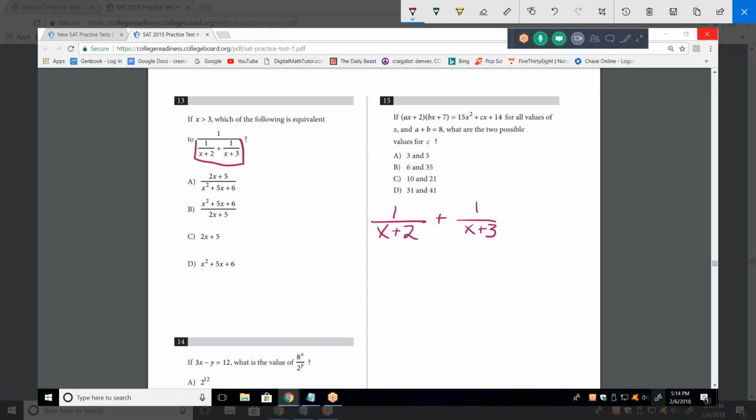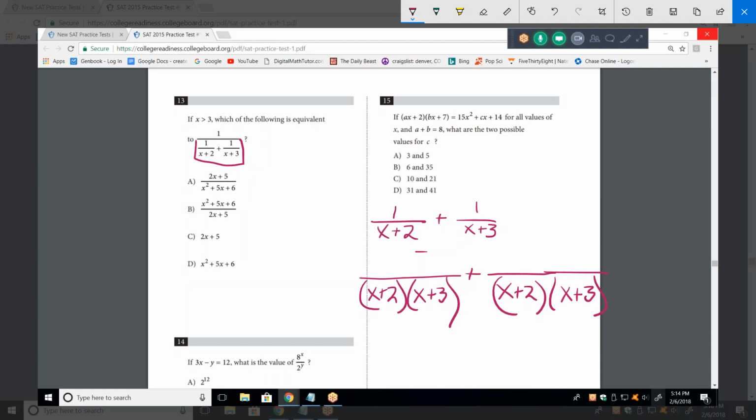So, my least common denominator, and I don't need to actually multiply these together yet, that's what it's going to be. Let's just leave it unmultiplied until we see that we need to multiply it. In other words, don't do any more work than you need to.